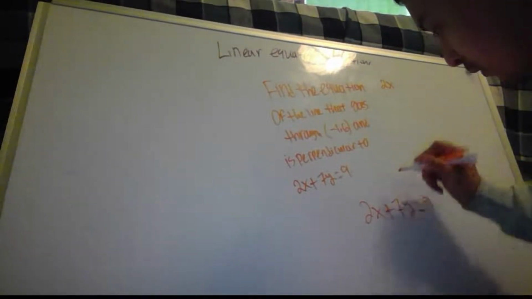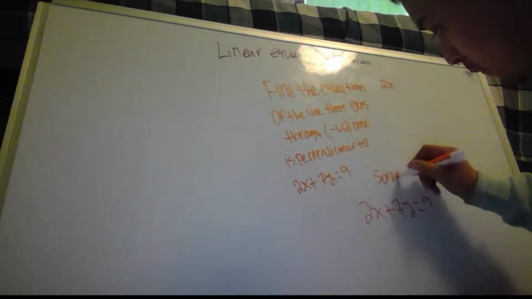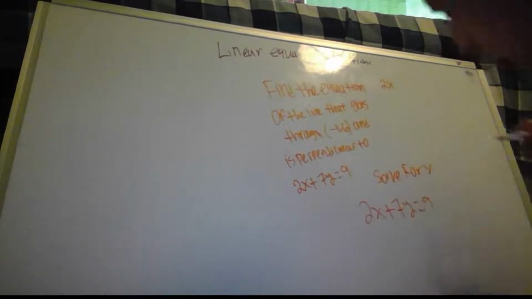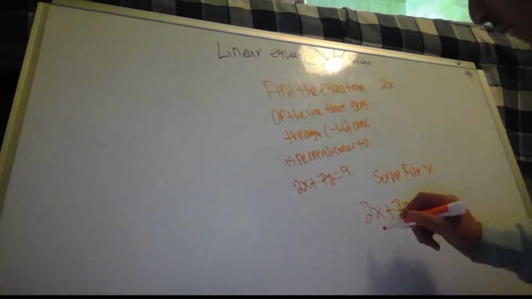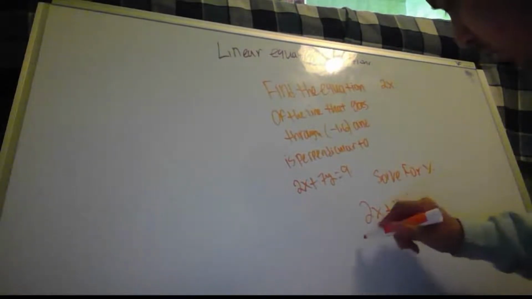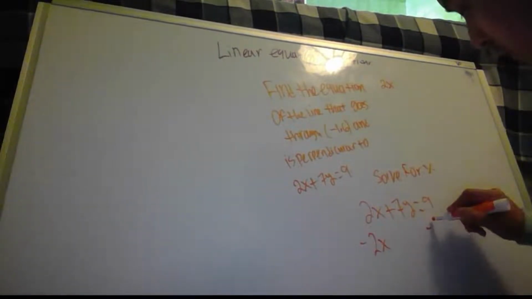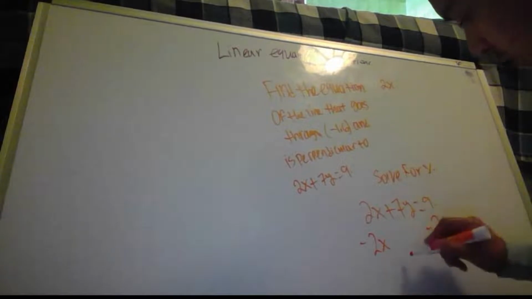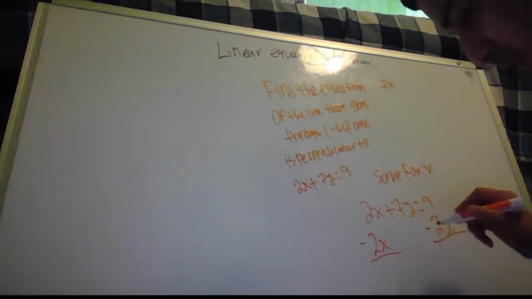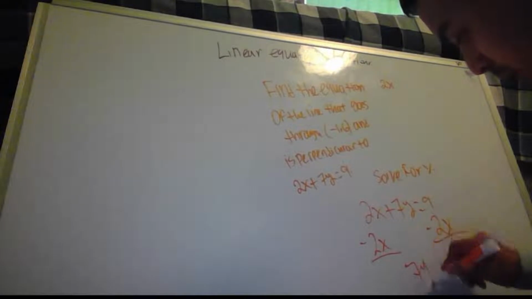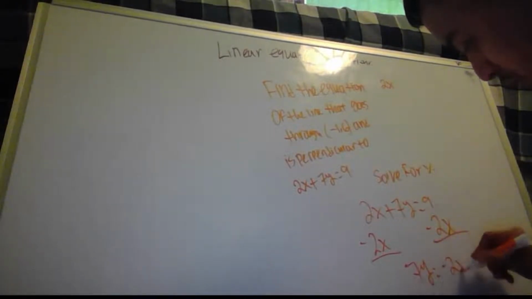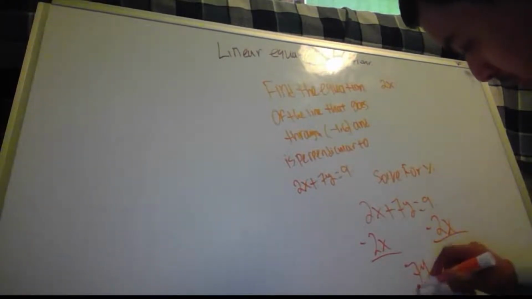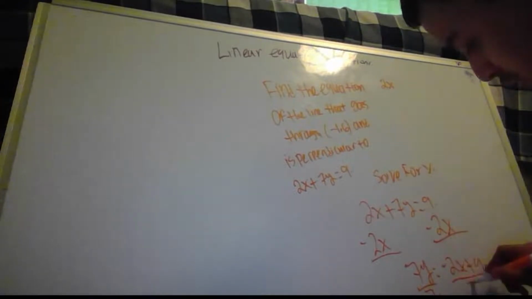I'm gonna solve for y, right? I'm gonna say that this is minus 2x. Subtract 2x on both sides. 7y equals -2x plus 9. So then we're going to divide by 7 on both sides.